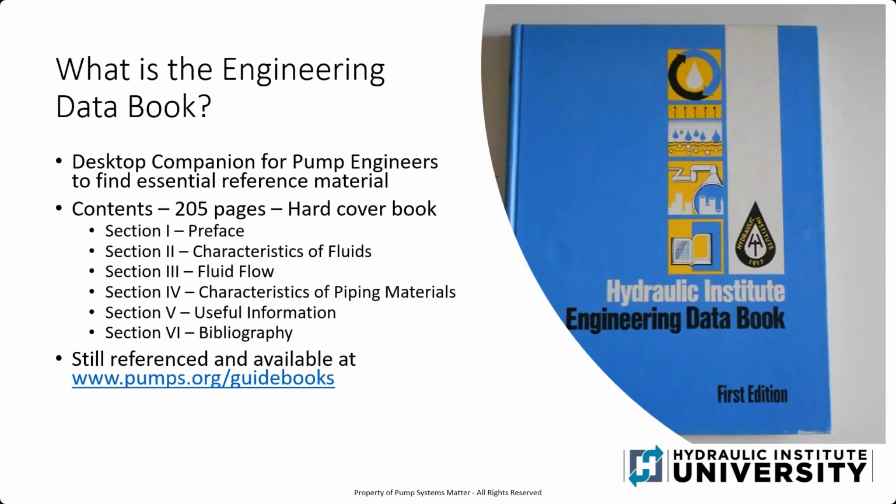And this was designed as a resource for system design engineers and pump engineers, and it was a one-stop shop for all the information you needed: characteristics of fluids, fluid flow, pipe material, flange material dimensions, and some other useful information.